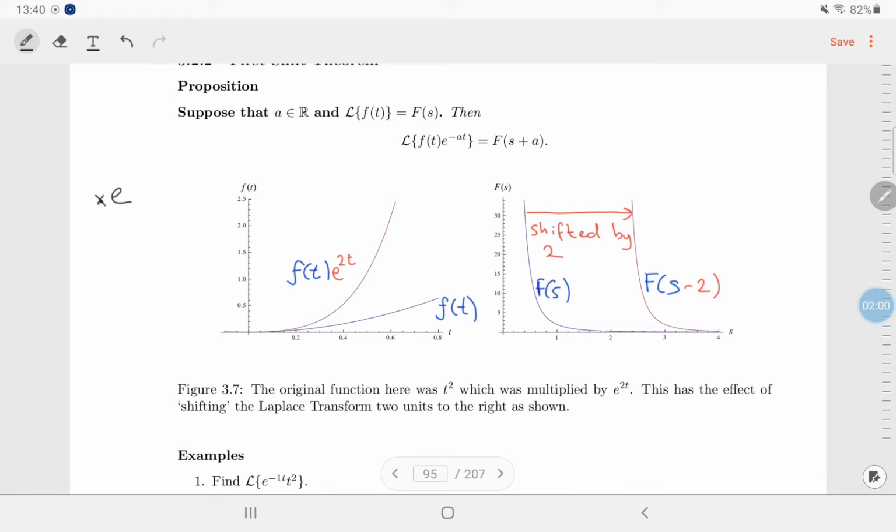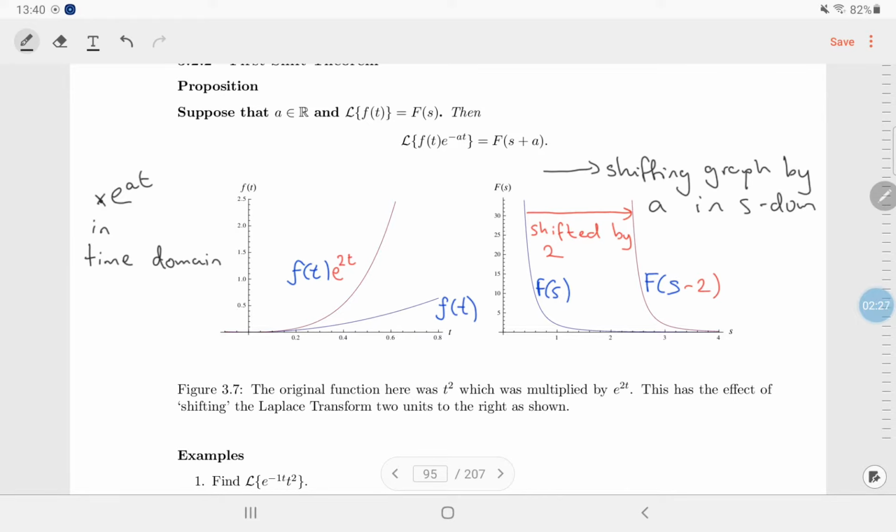So multiplying by e to the at in the time domain is the same as shifting the graph by a in the s domain.